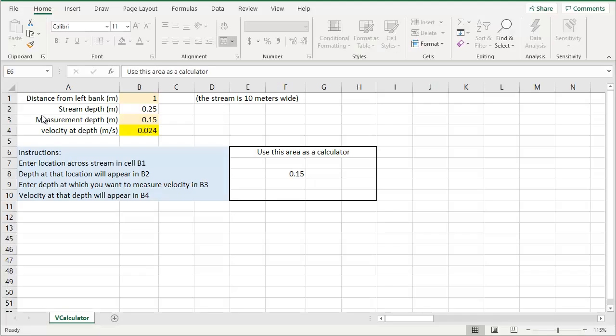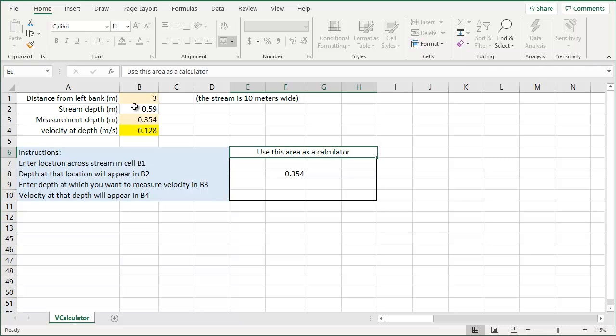If I go to 3 meters, which is the center of my next one, I'm going to get a depth of 0.59. So once again, I can just use the 60% of the depth method. So I'm just going to equal 0.6 times 0.59, right? And so the depth I'm going to want is 0.354. And there we go.